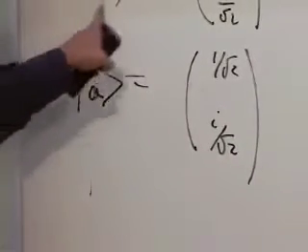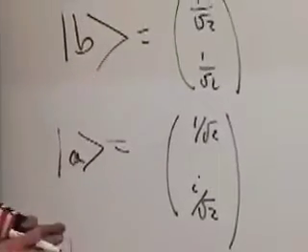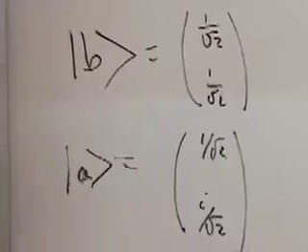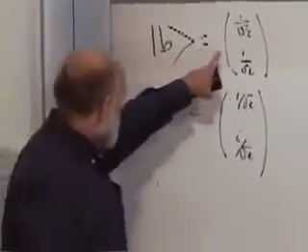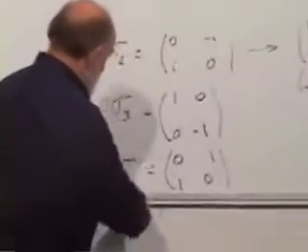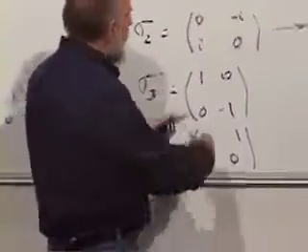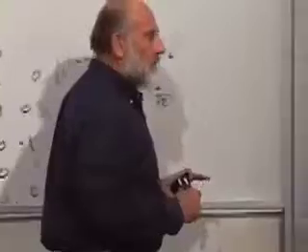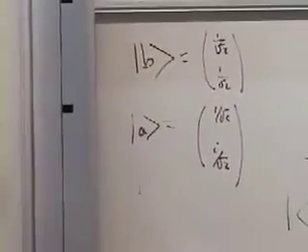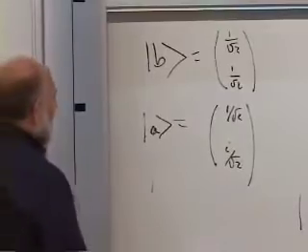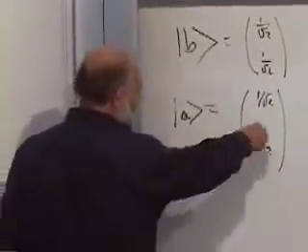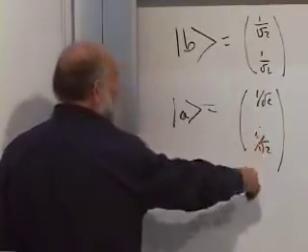So we start with the spin pointing along the x-axis, an eigenvector of sigma 1, or along the 1-axis. And now we measure it along the 2-axis. Okay, can somebody compute the inner product of these two? First of all we have to complex conjugate, so don't forget the complex conjugate.